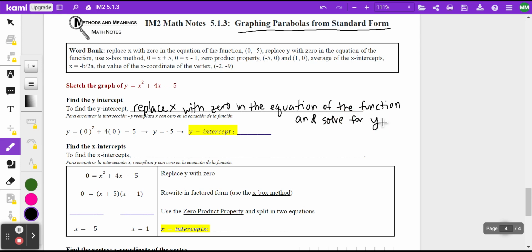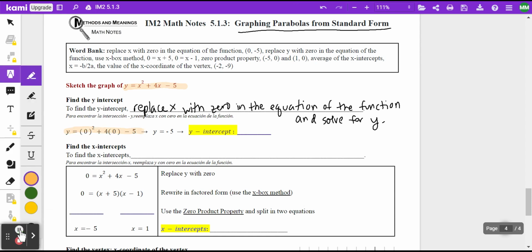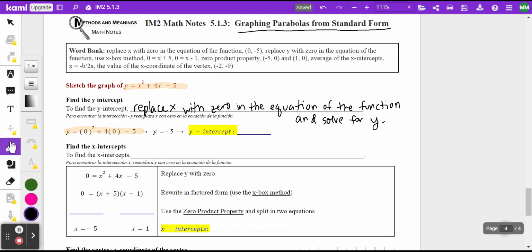So we are going to be doing this with the function above. Y equals x squared plus 4x minus 5. And we're replacing the x values with 0. You solve that and you get y equals -5. Therefore, the y-intercept is at 0, -5.